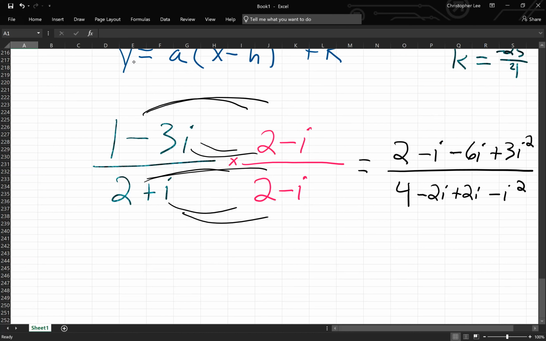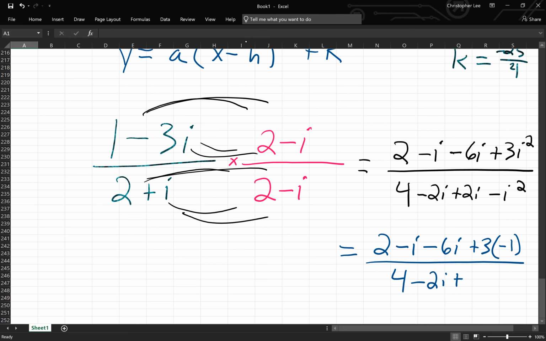All right. After that, let's take care of them i squares, right? i squares are not so nice. So I'm gonna have 2 minus i minus 6i plus 3 times, remember i squared is negative 1, all over 4 minus 2i plus 2i minus, open parentheses, negative 1, because i squared is negative 1.